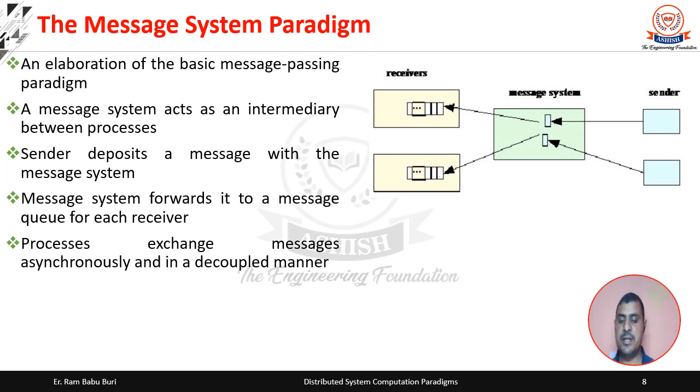The second advantage is that it allows processes to be decoupled from each other. This means that the sender process does not need to know anything about the receiver process, such as its address or its current state.